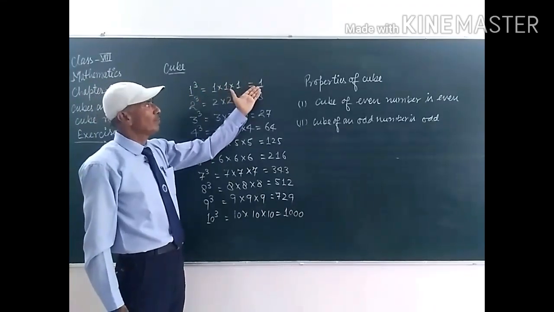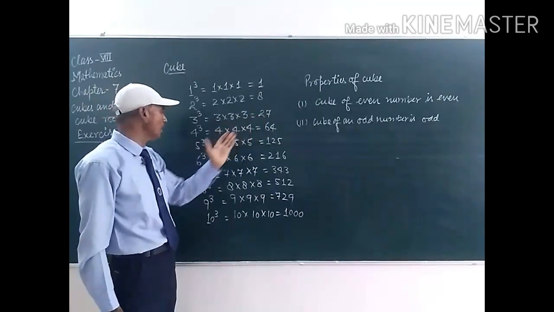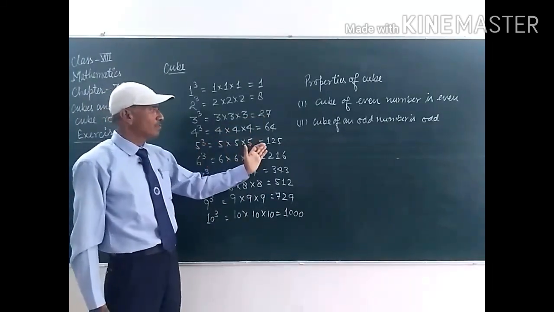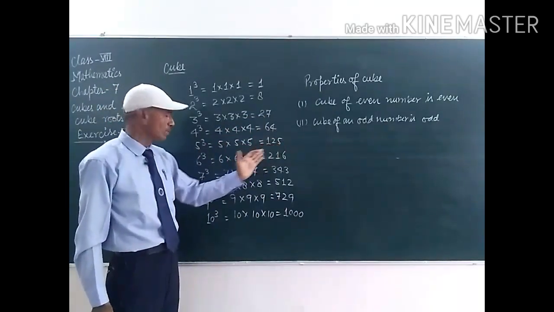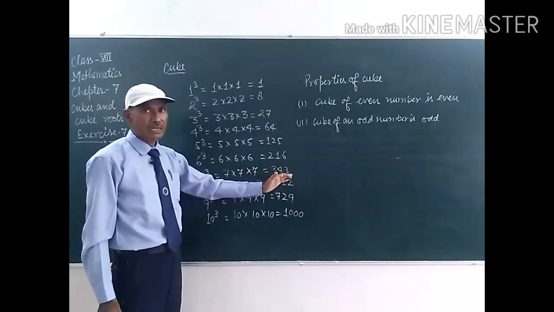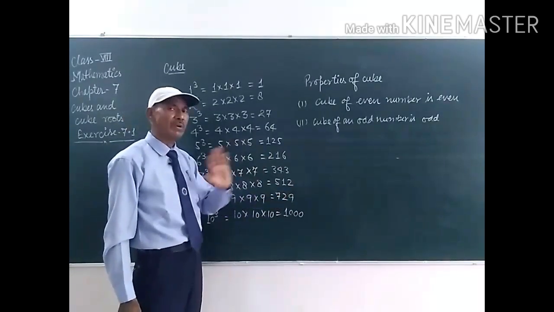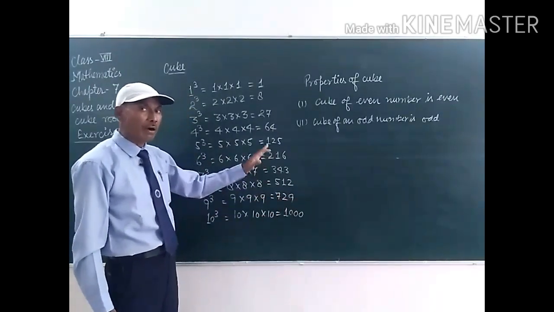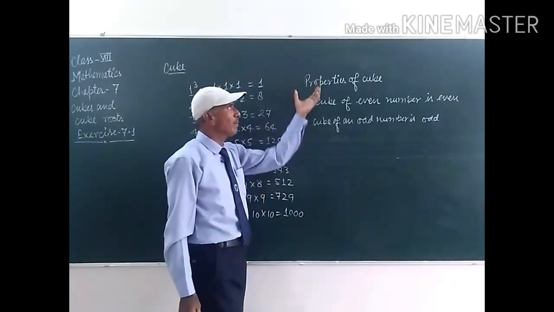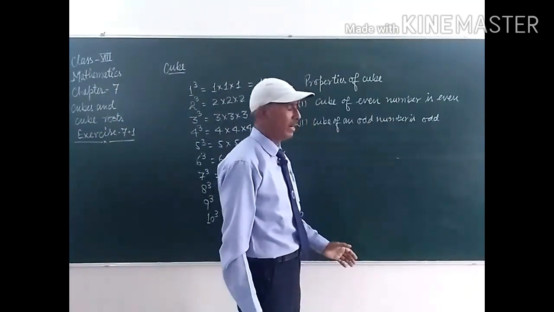So the cube of 1 is 1, the cube of 3 is 27, this is an odd number student. Cube of 5, that is 125, an odd number student, and cube of 7, that is 343, and it is an odd number student. Cube of 9, that is 729. These numbers are odd numbers students. So the second property is that the cube of an odd number is odd.